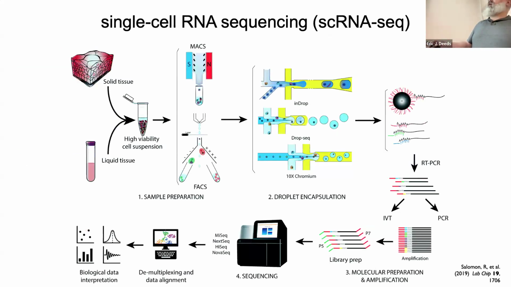Okay. So everybody knows about this technology that's been revolutionizing how we think about cell state and transcriptional data regarding cells. But I want to highlight something about this technology that I think is often not appreciated, or at least we're not reminded of it.